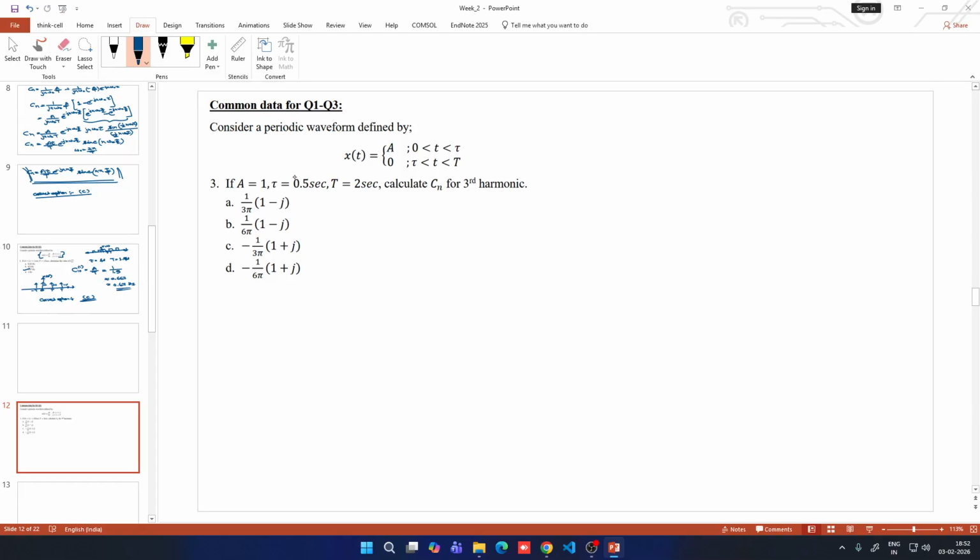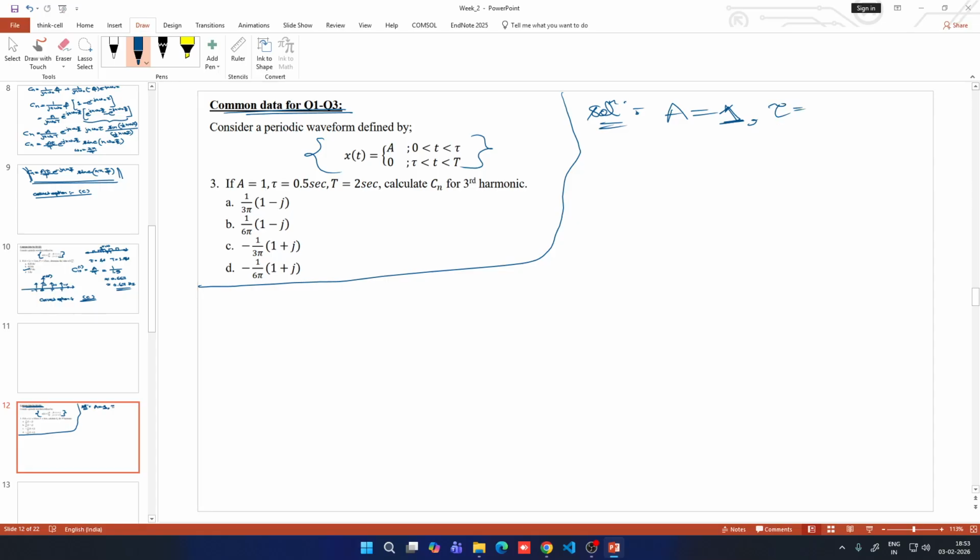And question 3 also uses the same x of t. So it's common data for 1, 2, 3. Here A is given as 1, tau is given as 0.5 seconds, and the time period T is 2 seconds. In the problem they are asking to find Cn for the third harmonic.